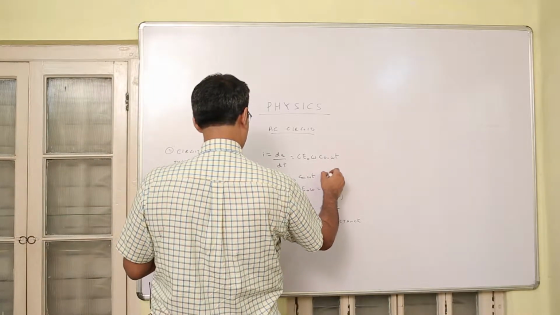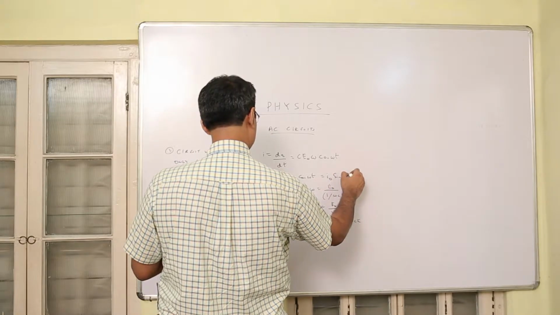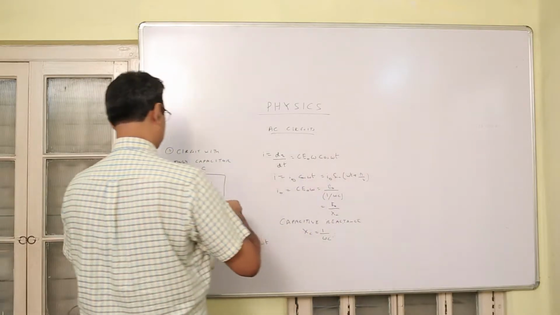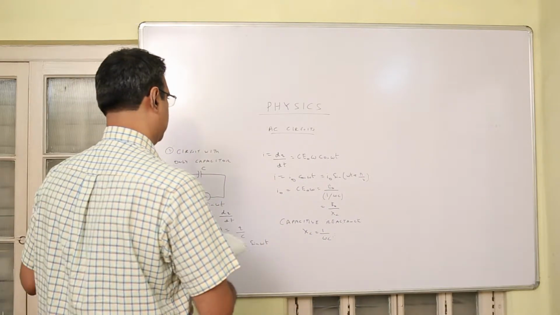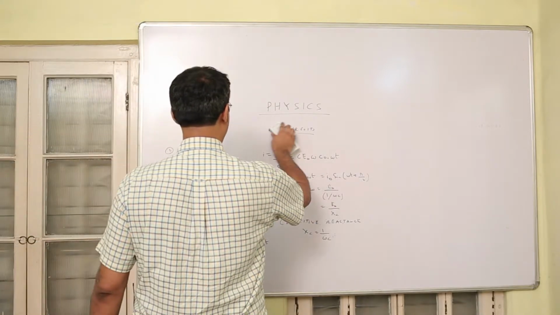Now the current expression which we got, we can also write it like this: I0 sine omega t plus pi by 2. We can write it in this format.